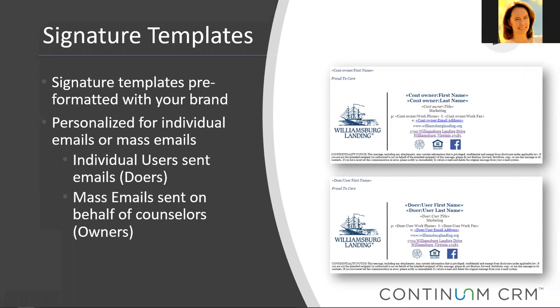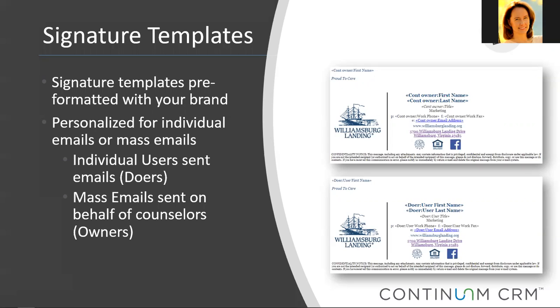Next, our next two topics that we're going to talk about are linked, so we're highlighting them together in this different platform. One, we want to use signature templates. Just like you have signature templates set up for Outlook or Gmail, we also want to have those set up inside of Continuum, because when it comes out of Continuum, many times, especially in the one-off scenario, we want it to look as personal and as human created as possible.